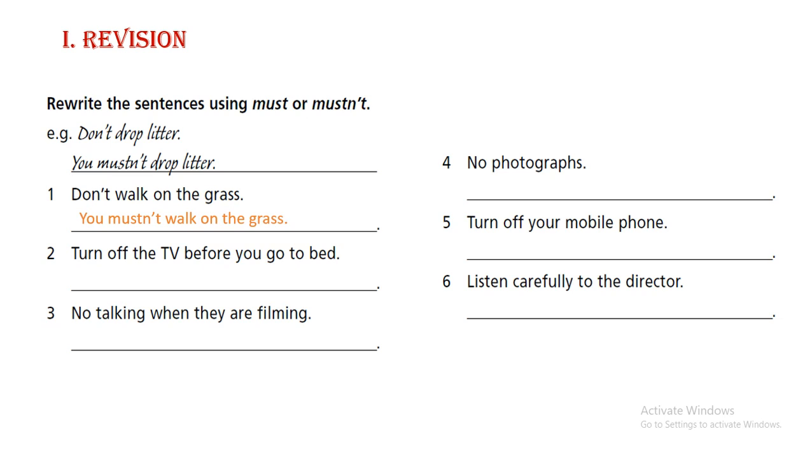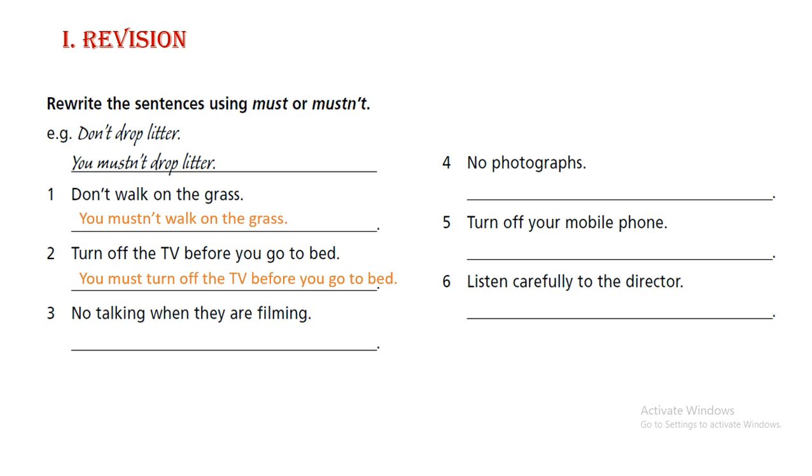Number two, turn off the TV before you go to bed. So you're going to say you must or you mustn't turn off the TV. You must turn off the TV before you go to bed.